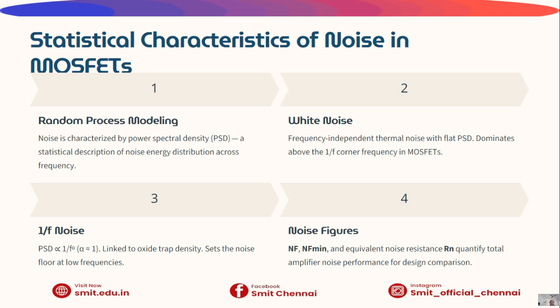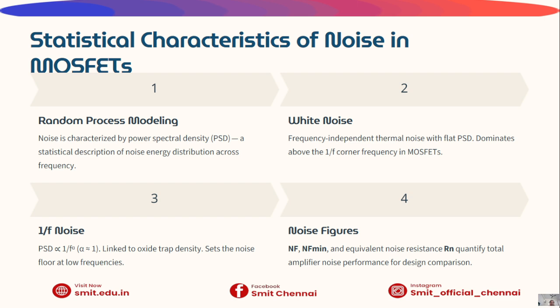Next we see about the statistical characteristics of noise in MOSFETs. Noise is fundamentally random and must be analyzed statistically. Instead of describing noise using a single value, engineers use power spectral density or PSD, which shows how noise power is distributed across frequency. The thermal noise exhibits a flat PSD and is therefore called white noise.